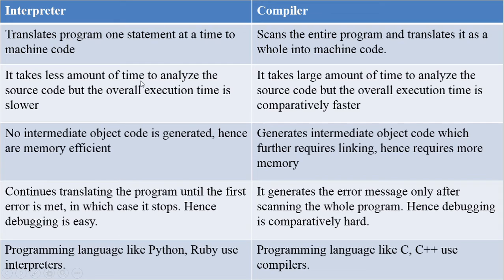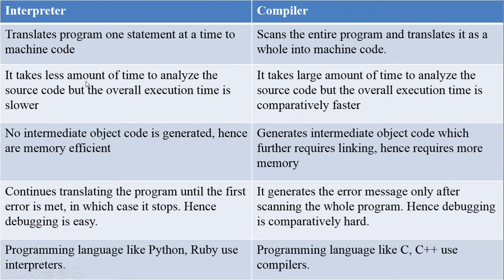The interpreter takes less time to analyze the source code, but the overall execution time is slower. The compiler takes a large amount of time to analyze the source code because it converts the whole program into machine code first, but the overall execution time is comparatively faster, since after completing the conversion it simply executes the program.